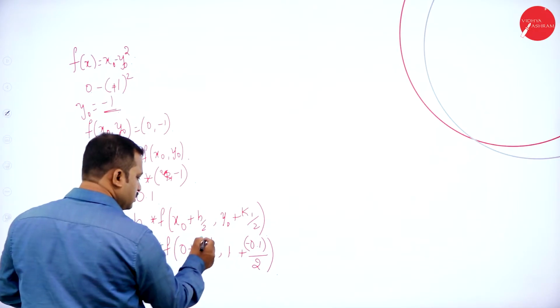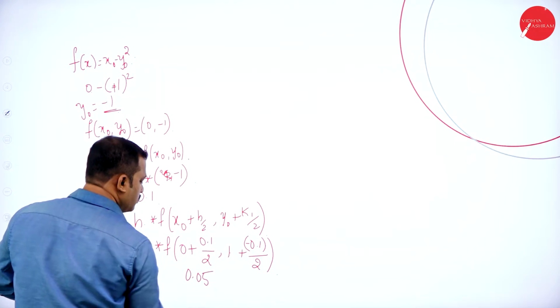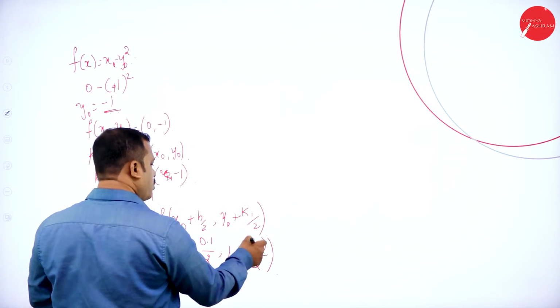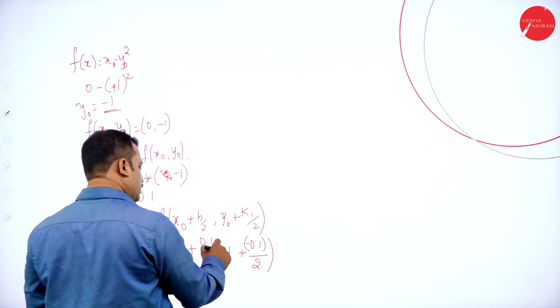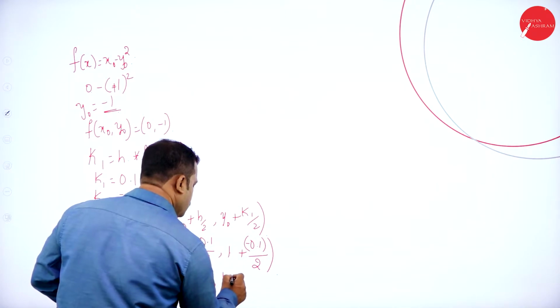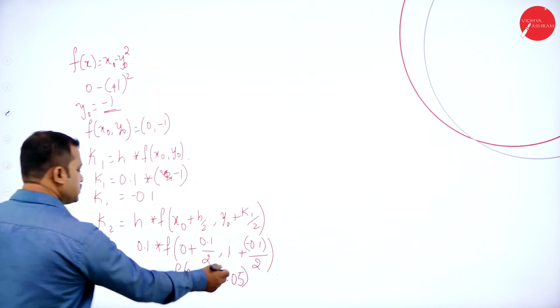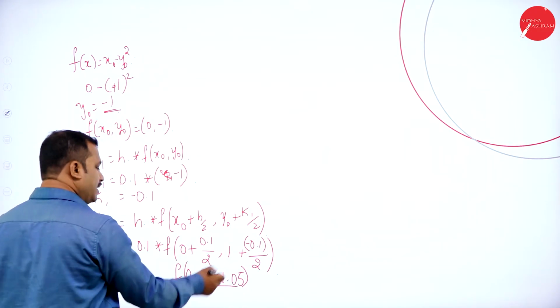If this corresponds to 0.05, this is the value f of that, followed by minus 0.1 by 2, which means minus 0.05 plus 1. That means 1.05. So the x and y values are 0.05 and 1.05. We have to substitute it into that equation.